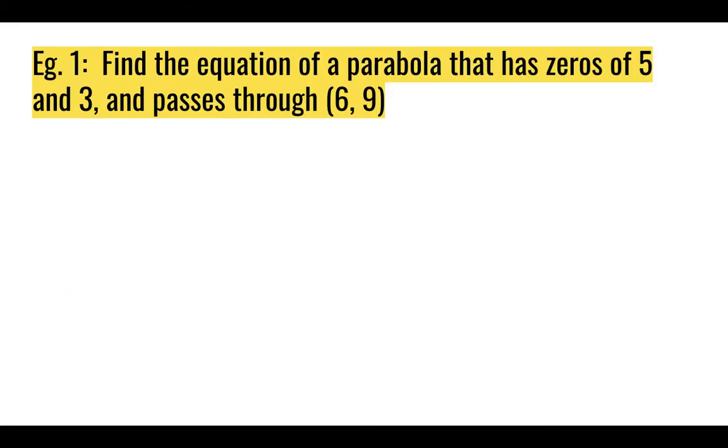So what we're going to do is find an equation in factored form of a parabola that has zeros of 5 and 3 and passes through (6, 9). So here are the steps for how to do these types of questions. Your first step is you're going to write out your factored form equation, and you're going to insert your zeros into where your s is and into where your t is.